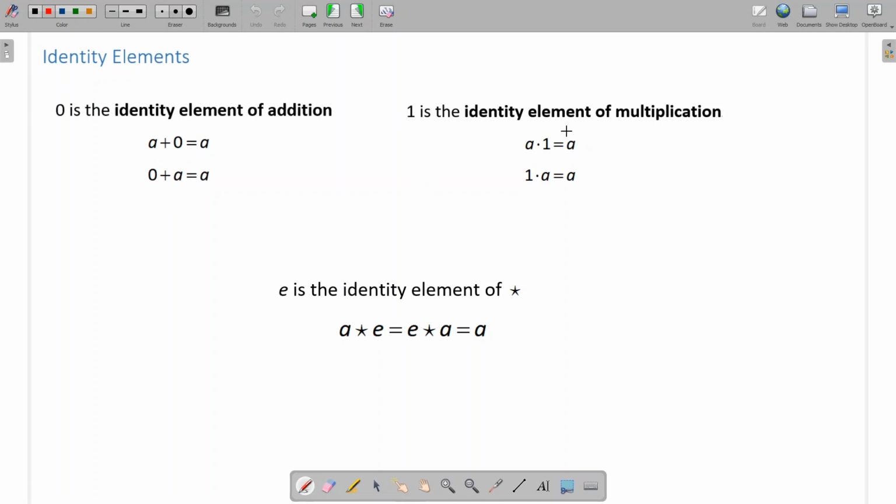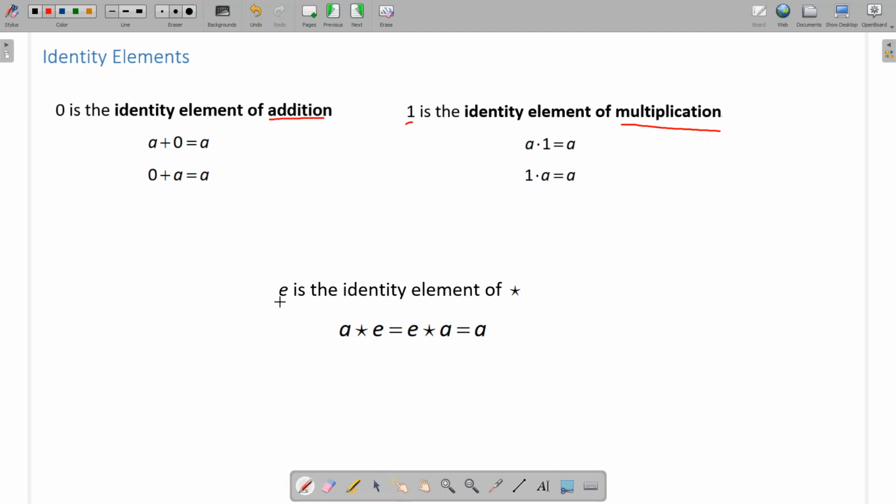We see a similar relationship with the number 1 and the operation of multiplication. If you take a times 1, you just get a. If you take 1 times a, you still get a. So it has the same algebraic property as 0 has with respect to addition.